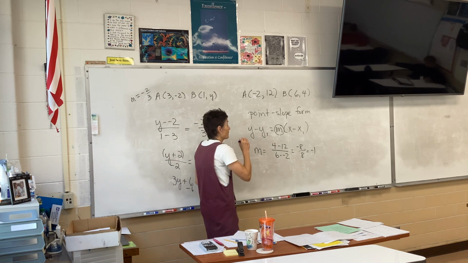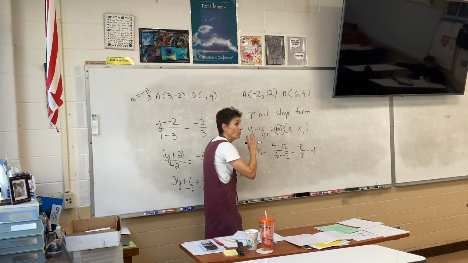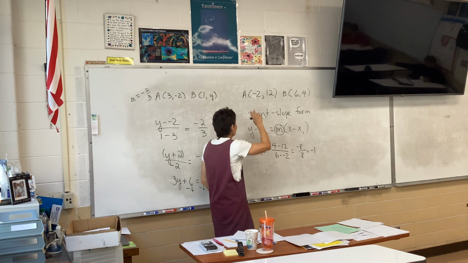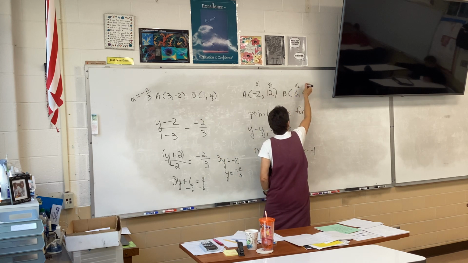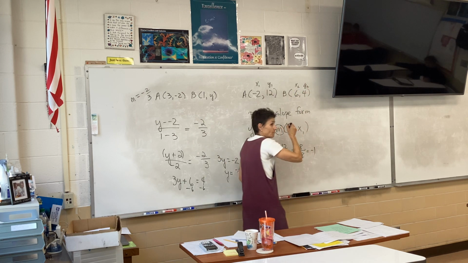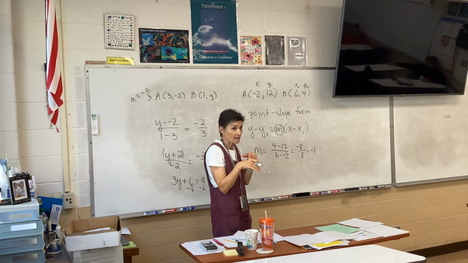Now, back earlier when we first were talking about slope, didn't we label our points? Like this one was first point and this one was second point? Does it matter which one is the first point and which one is the second point? No, that's irrelevant.